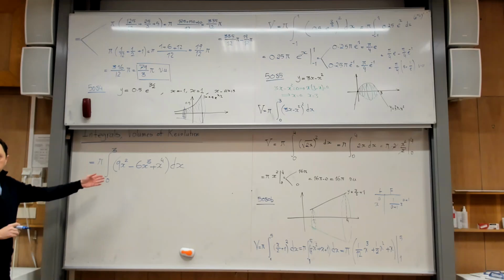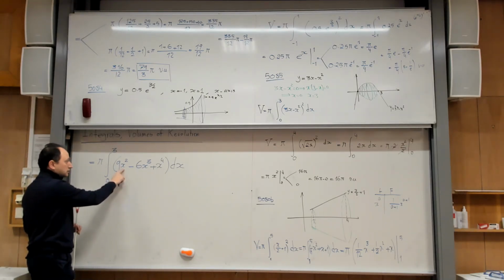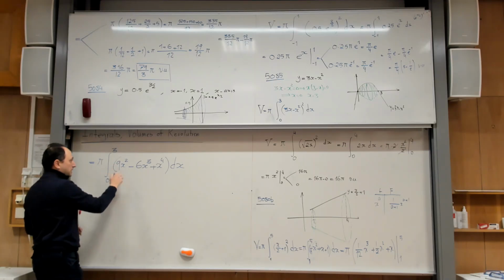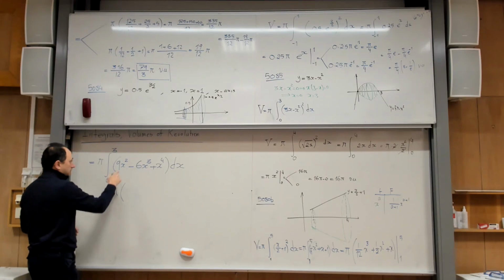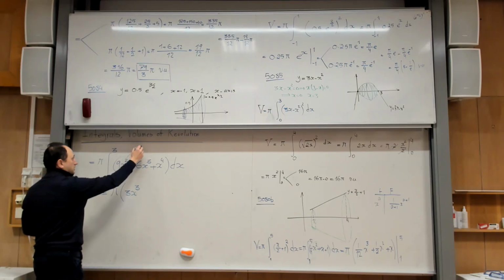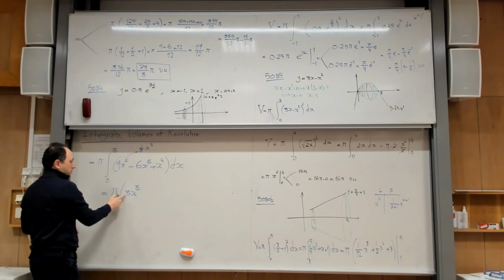But these are very, very simple functions. A primitive function for x squared is x cubed divided by 3. That 3 that I divide by will cancel part of it, it becomes 3. So let me just write it. It becomes pi, and then this becomes 3x cubed, because a primitive function for this part is 1/3 x cubed, and 9 divided by 3 becomes 3.